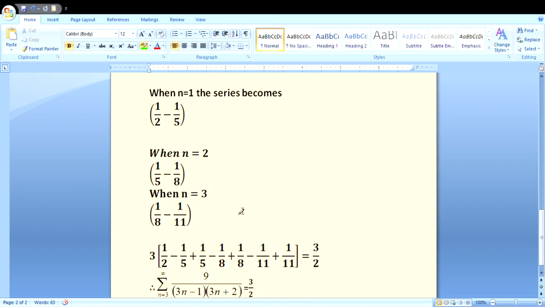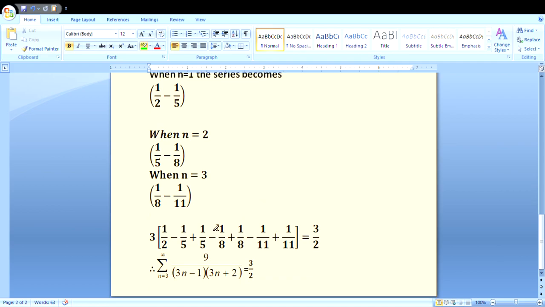Now let's quickly substitute this back into the sum and see what is observable. So here we see 3 into (1 over 2 minus 1 over 5), plus (1 over 5 minus 1 over 8). When n is 3, it is 1 over 8 minus 1 over 11. And if n is equal to 4, the series will be 1 over 11, continuing like that.